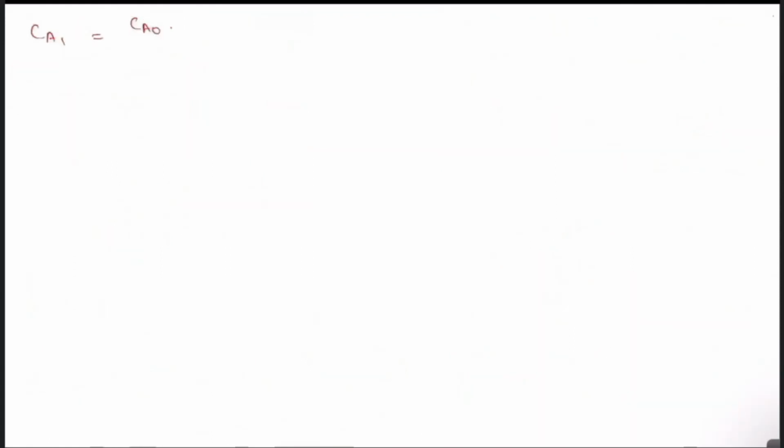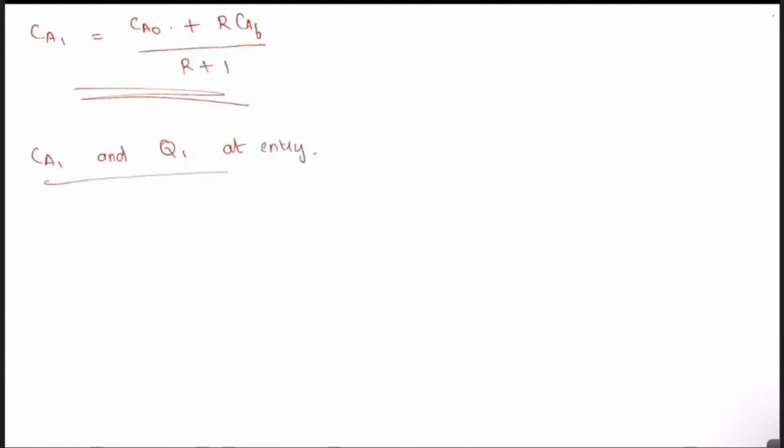Now we can write CA1 as CA0 plus R CAF by R plus 1. Okay. So now we have the concentration CA1 and the flow rate Q1 at the entry point.